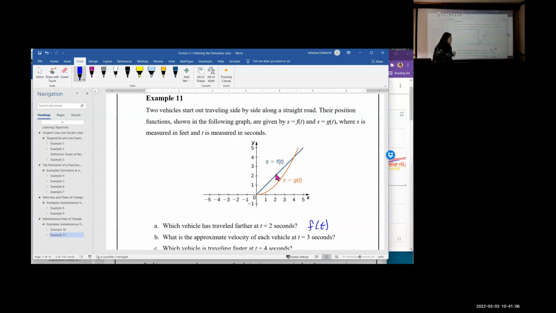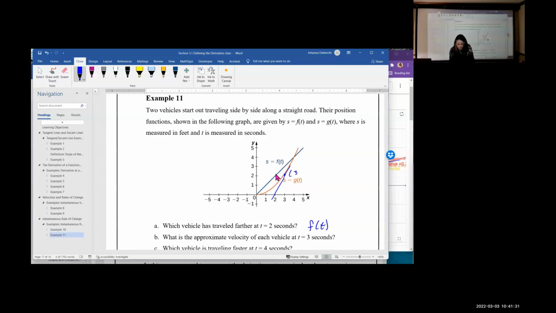Then it asks, what is the approximate velocity of each vehicle at 3 seconds? At 3 seconds, the approximate velocity of each vehicle is going to have to be found by finding a line. So we would have to do something like this, where we can get the slope of the tangent line.